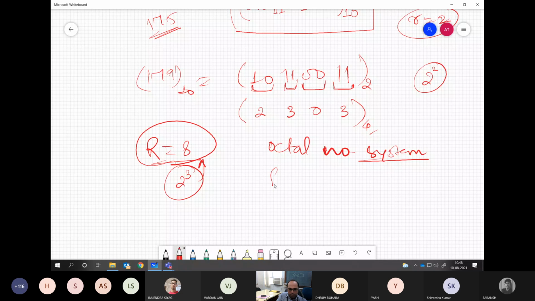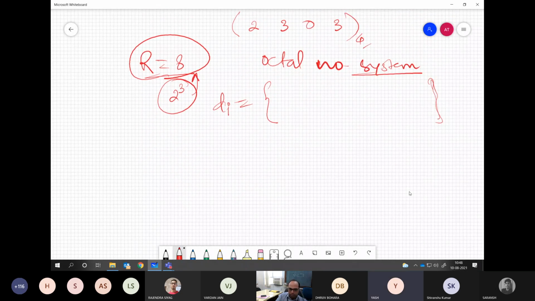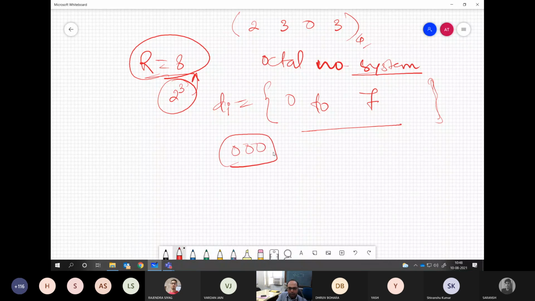So what possibilities do we have for our digits in this number system? 0 to 7. Correct. These are the possibilities, and this is the maximum number we can represent in 3 bits. For r equal to 2, the maximum number we can afford is 111, which is 7.